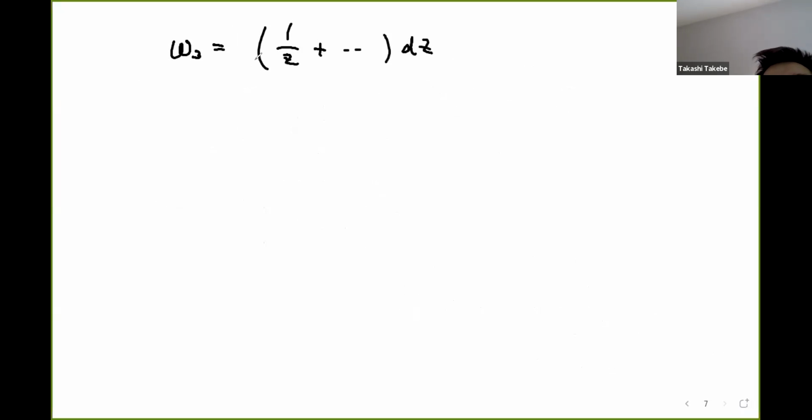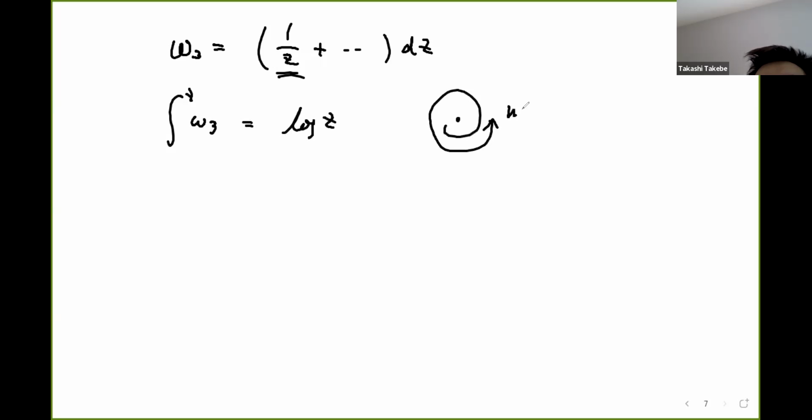For the abelian differential of the third kind, we have such a pole, and we have a logarithmic singularity, or at least some locally multivalued function.